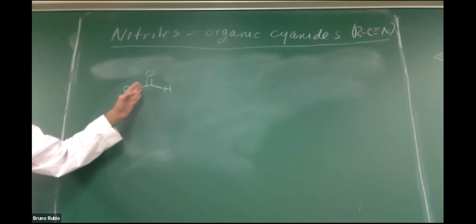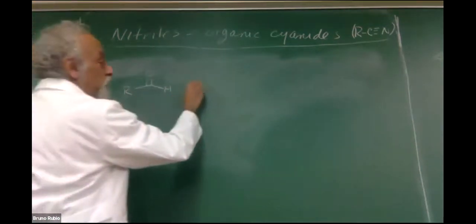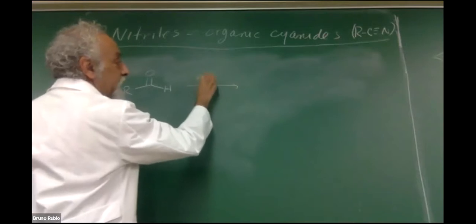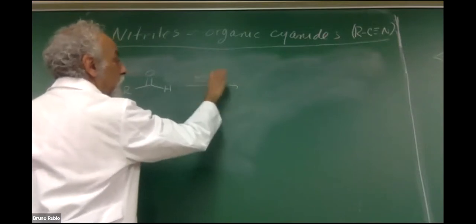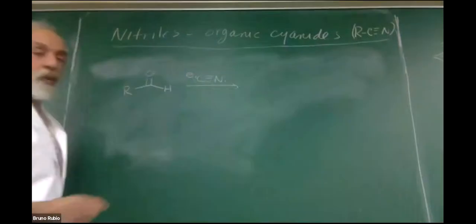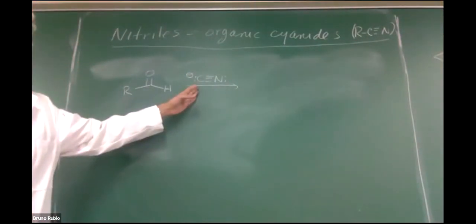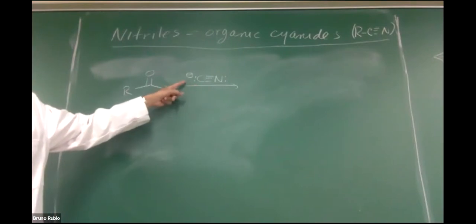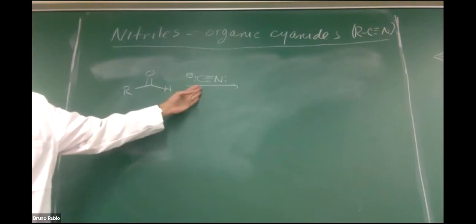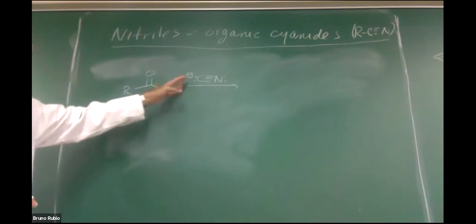It is attacked by nucleophiles. So if we look at cyanide itself, we see that, well, cyanide's a nucleophile. I see that electron pair on this carbon atom. I see this negative charge. That's a nucleophile.